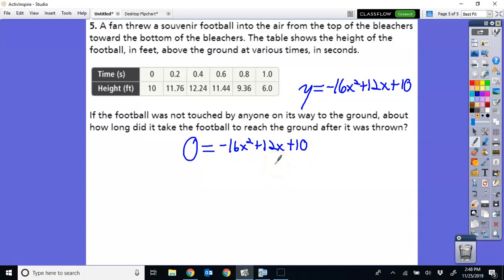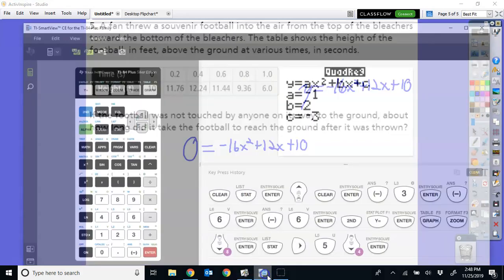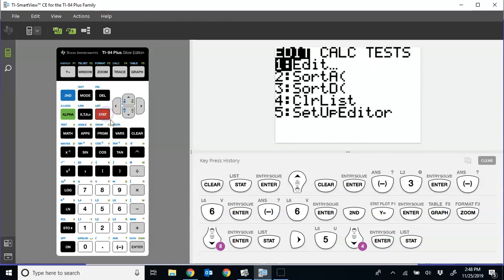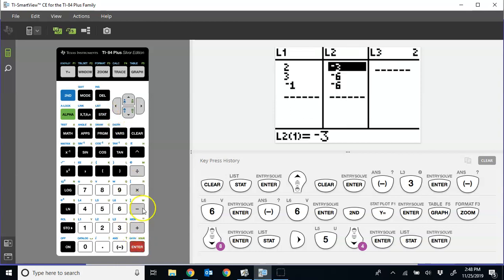Before I do that, I want to show you on the calculator also how to do this regression. So I go to Stat, I go to Edit, and I enter my points, very similar to what I did with the actual values in the Desmos calculator.